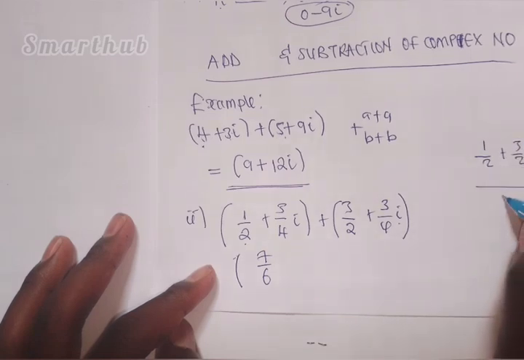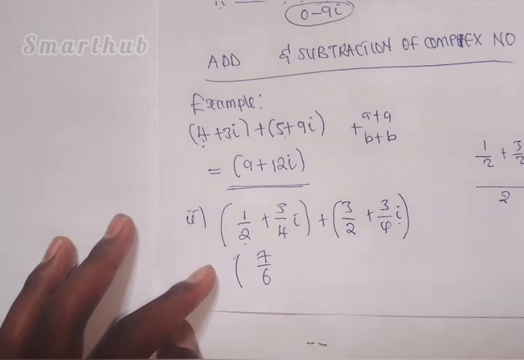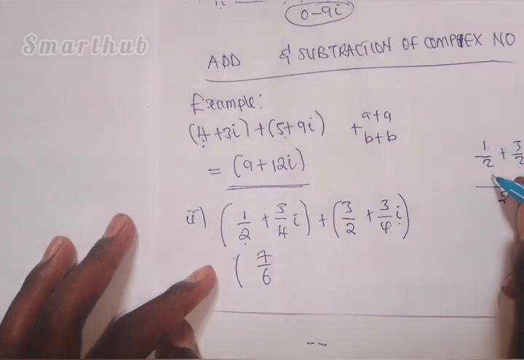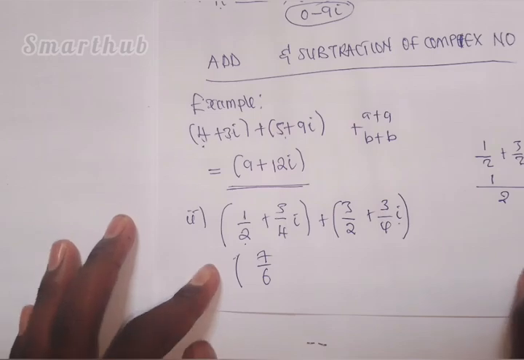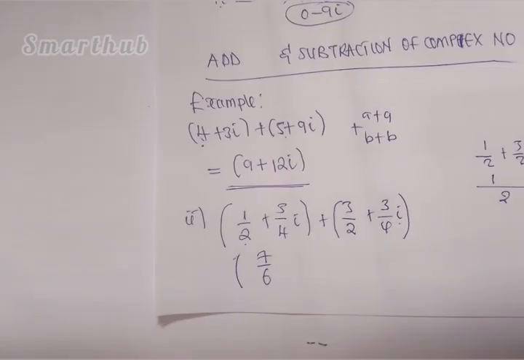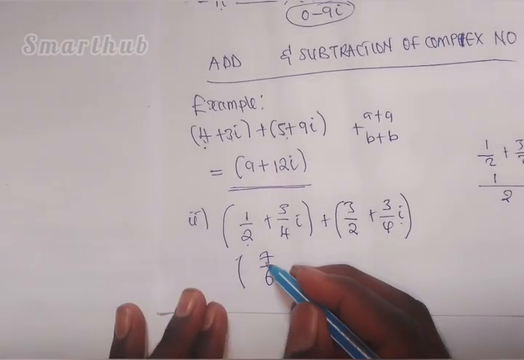The common denominator is 2. Wait, am I doing the right thing? Yes, I'm doing the correct thing, but this is wrong.